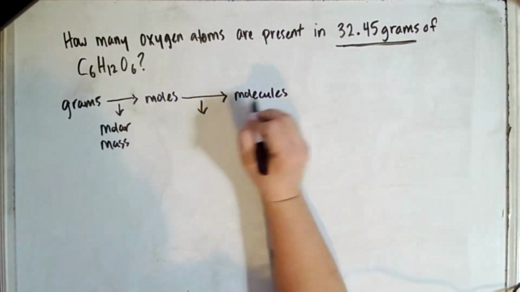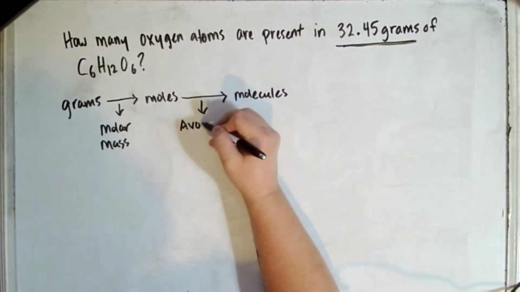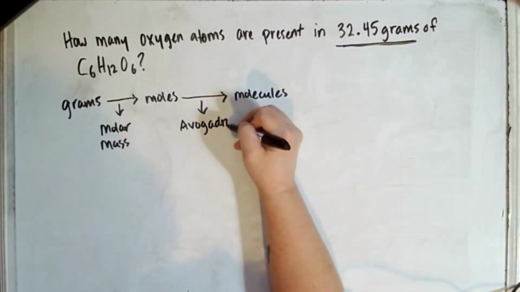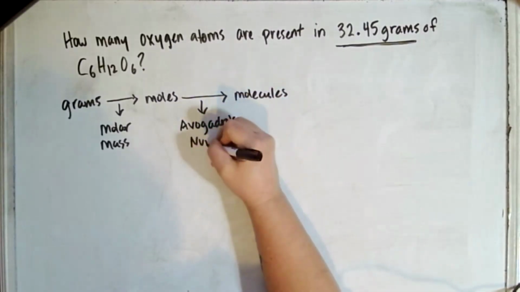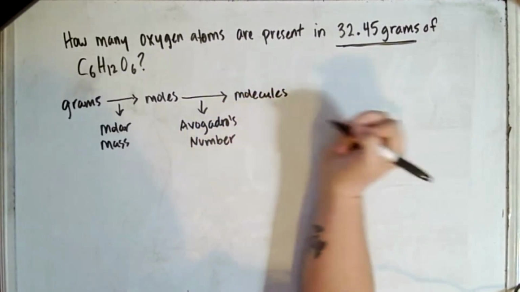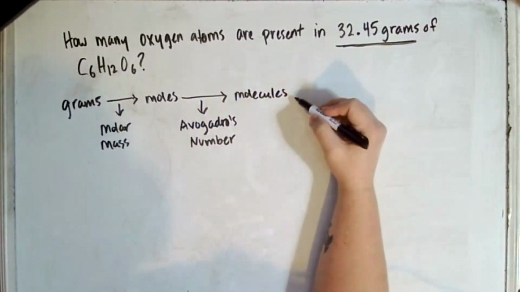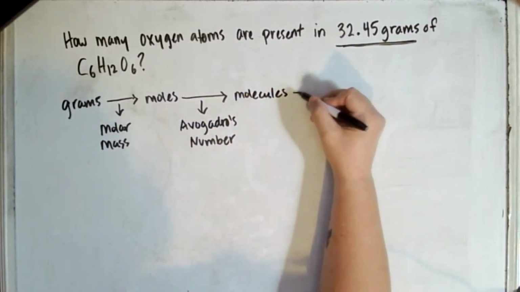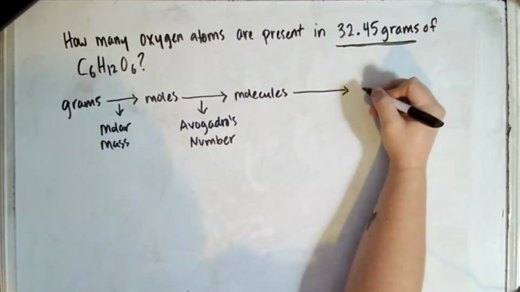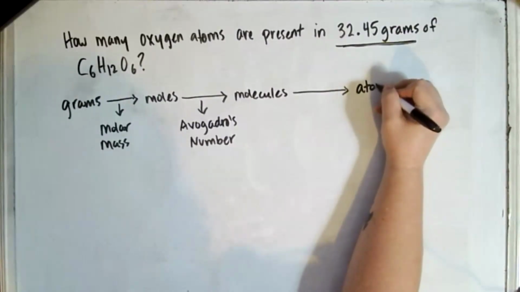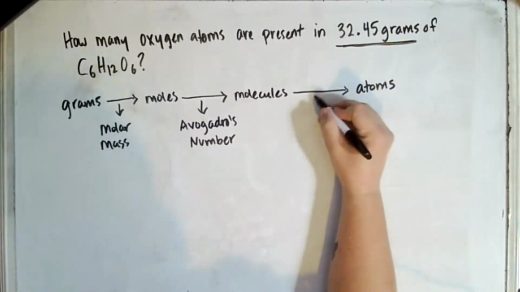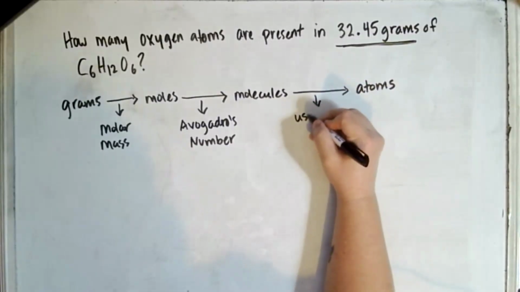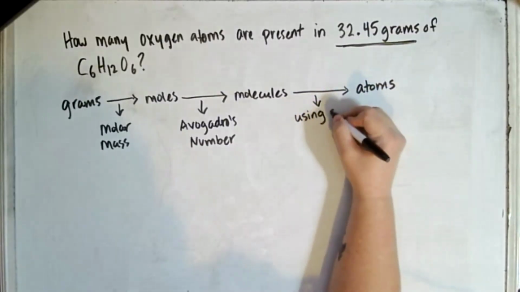And I can go between moles and molecules using Avogadro's number. Once I know how many molecules I have, then I can figure out how many oxygen atoms I have specifically by using the subscripts in my chemical formula.